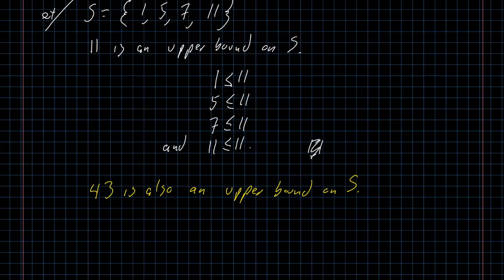It is a real number. And I know that 1 is less than or equal to 43. 5 is less than or equal to 43. 7 is less than or equal to 43. And 11 is also less than 43. So once again, by exhaustive proof, we can see that 43 works as an upper bound.